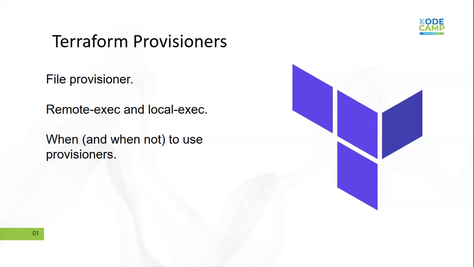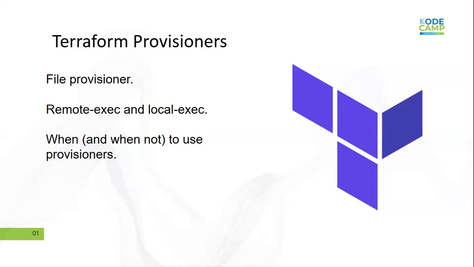Then there's a file provisioner. File provisioner is also useful when you want to copy a file from your local machine. I think this is what I even did for that simple thing. I can't really remember. File provisioner is useful when you're within your Terraform environment, you have like a script.